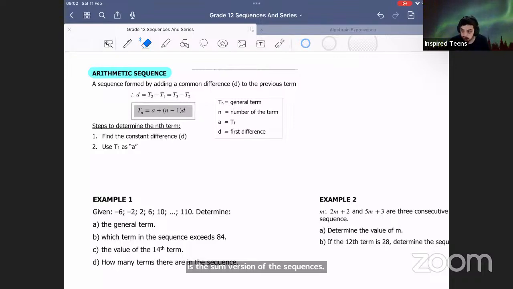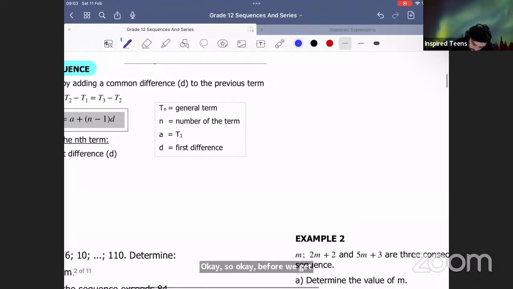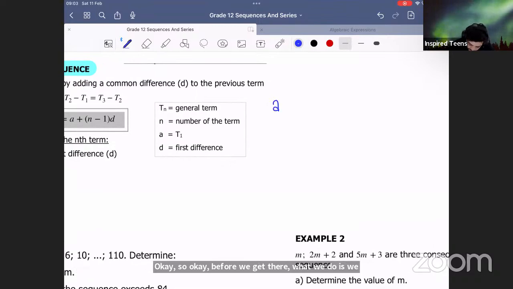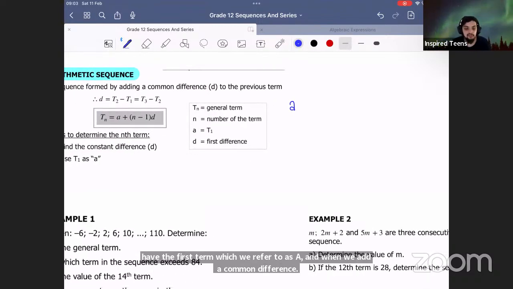So let us start off with arithmetic sequence. An arithmetic sequence is a sequence formed by adding a common difference to the previous term. We have the first term, which we refer to as A. Common means the same difference each time.